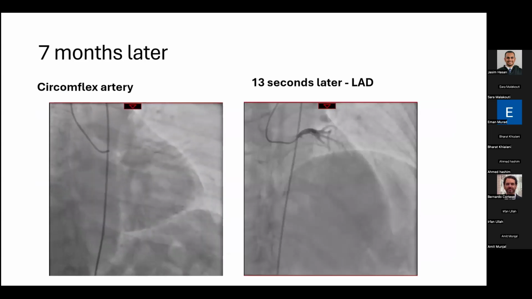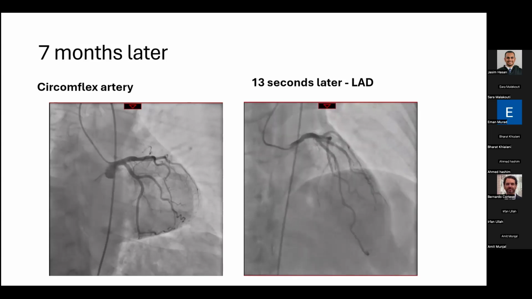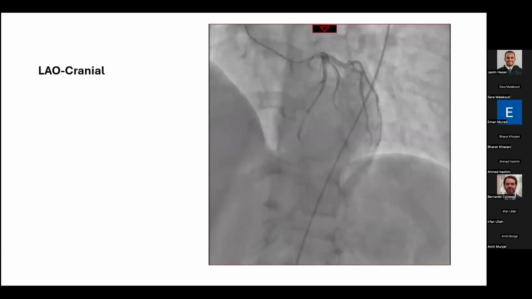This is the left circumflex artery. Here we didn't take the baseline LAD shot, so we injected after the left circumflex artery, and 13 seconds after the injection, we did the first left anterior descending artery shot.